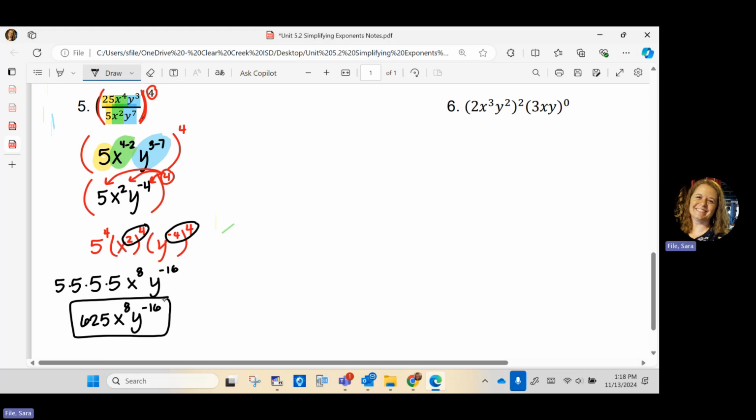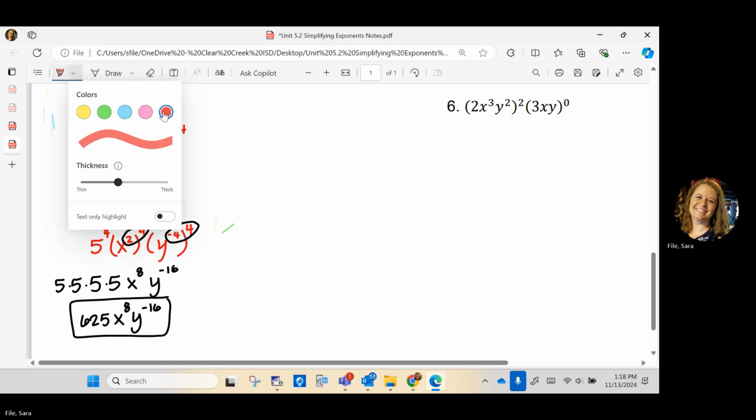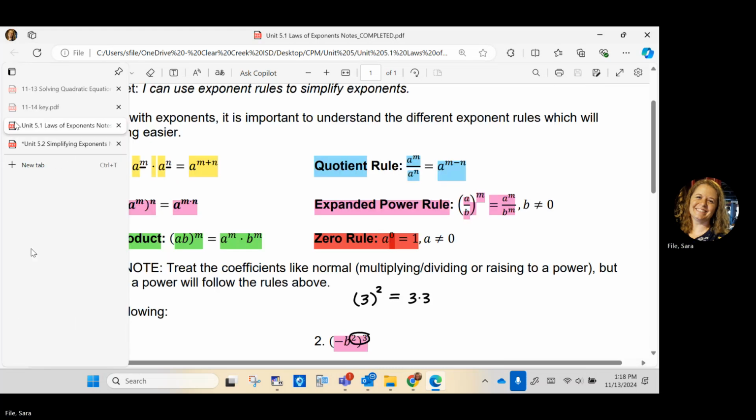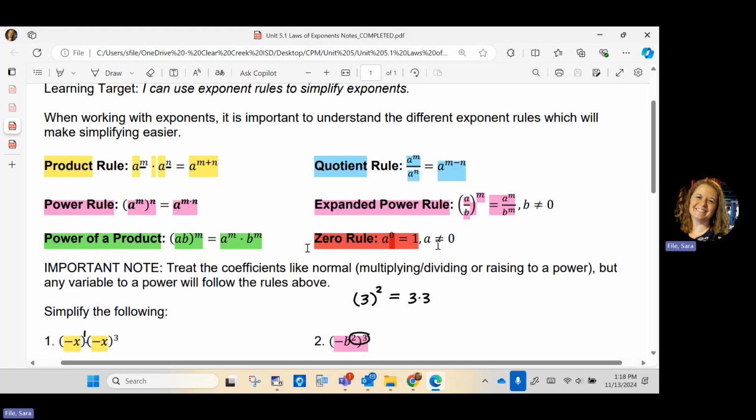All right, last but not least here, and we'll move on to 5.3. We've got this last rule out here. Anything to the 0 power. That was the special rule, the 0 rule. Anything to the 0 power is 1.